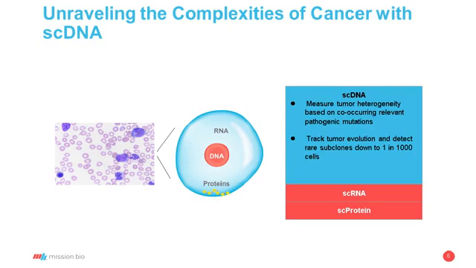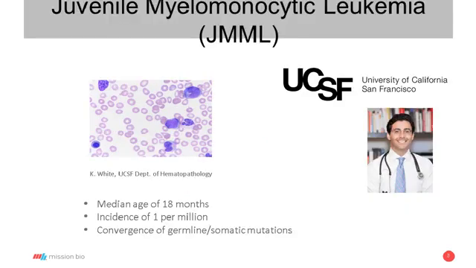Before I go into the details of what we do, we had the pleasure of having Dr. Elliot Stieglitz in our offices a couple of months ago talking about this rare disease. And I wanted to share it to, again, personalize what is going on and why we do the research that we do. Juvenile leukemia is a rare form of leukemia that affects young children.